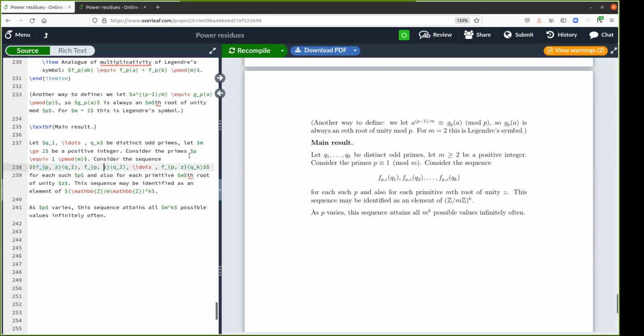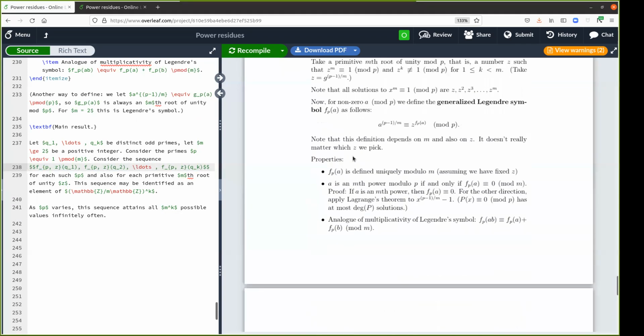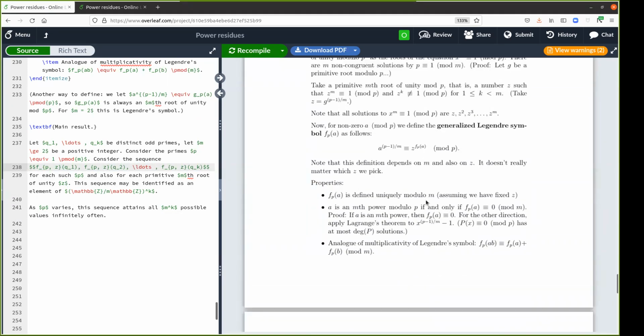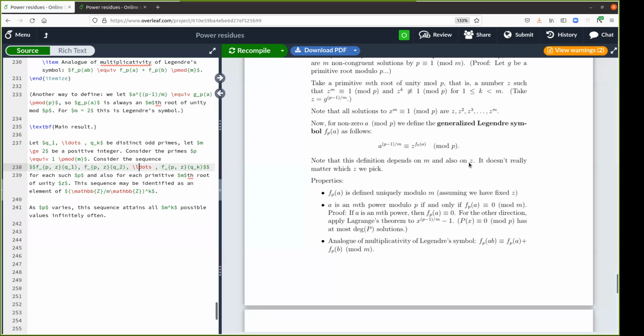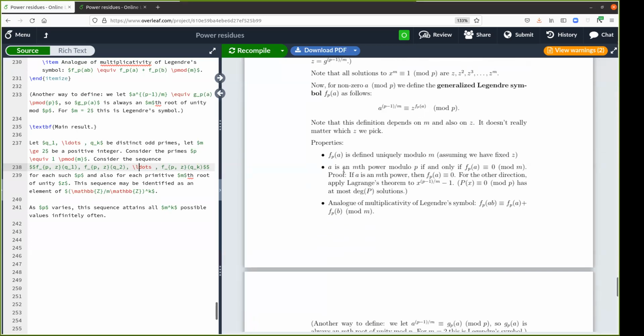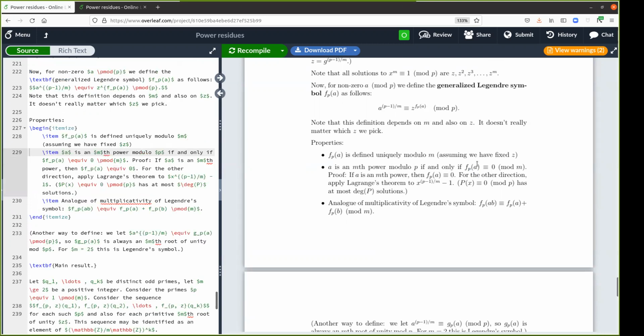However, do note that independent of the choice of z, we have that a is an mth power modulo p if and only if the value of the function at a is 0 modulo m. So this property does not depend on the choice of z.